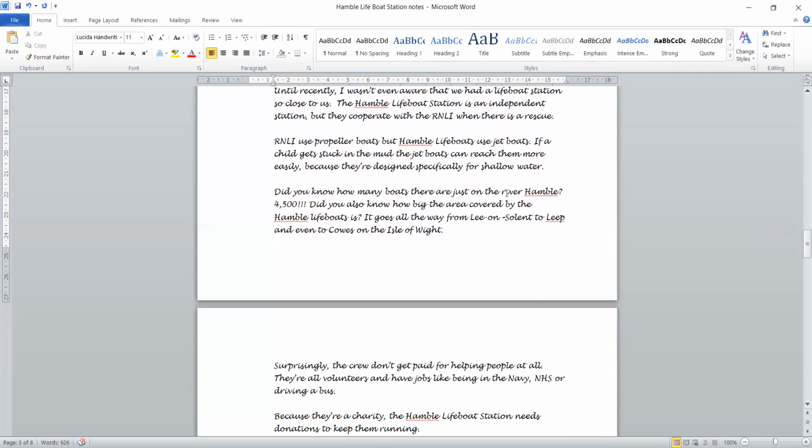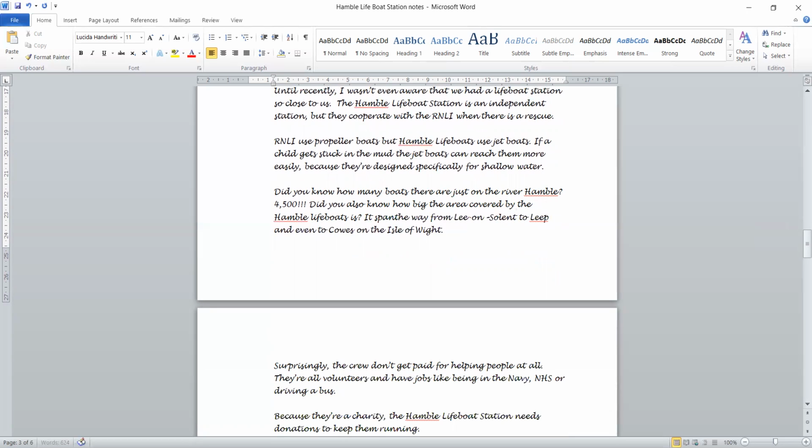Did you know how many boats there are just on the River Hamble? Did you also know how big the area covered by the Hamble lifeboats is? It goes all the way. Goes all the way. I think I'm going to change the verb goes to spans.